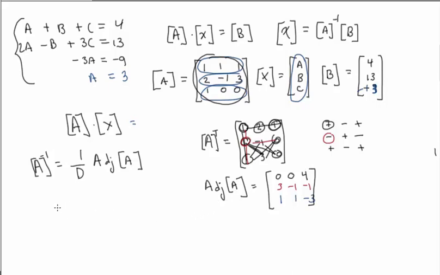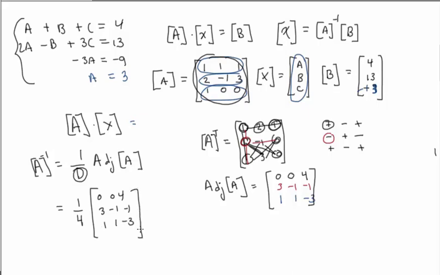So the discriminant, which we already found to be 1 over 4, because the discriminant D is 4, times the adjunct matrix, which is 0, 0, 4, 3, negative 1, negative 1, 1, 1, negative 3.